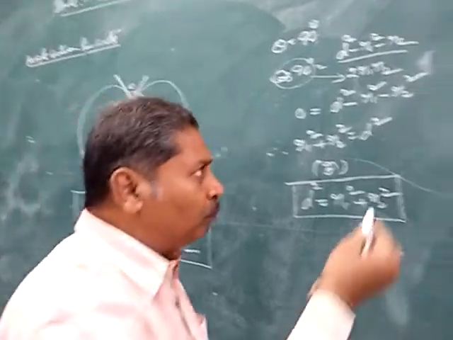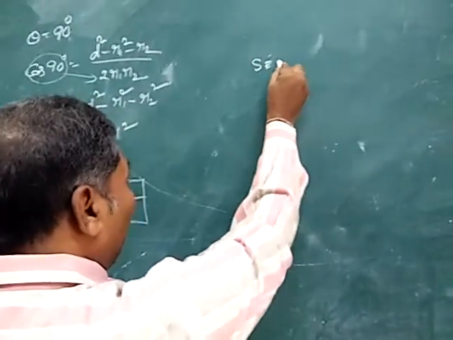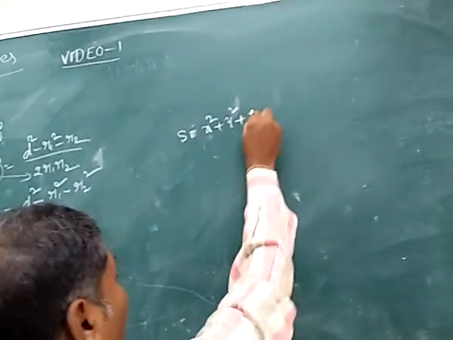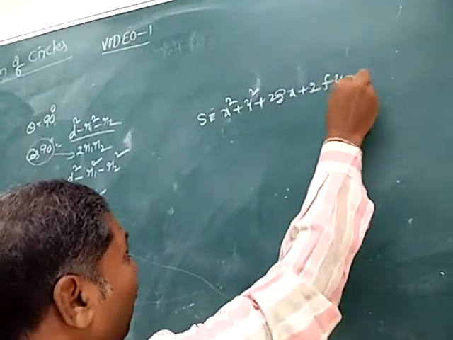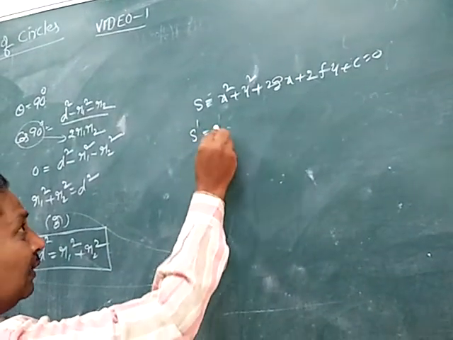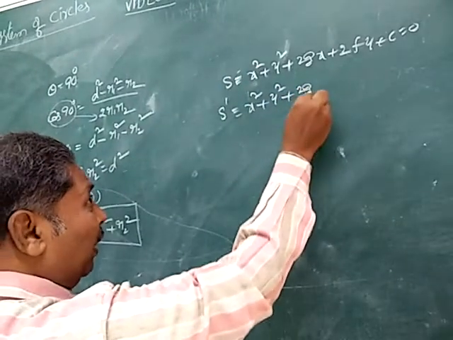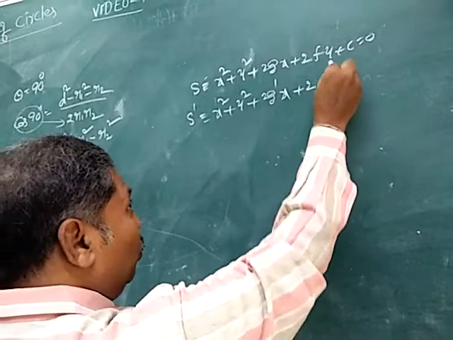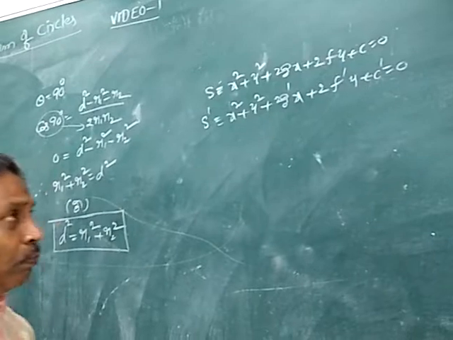Suppose given S identically equals x square plus y square plus 2gx plus 2fy plus c equals 0, and S dash is x square plus y square plus 2g dash x plus 2f dash y plus c dash equals 0.